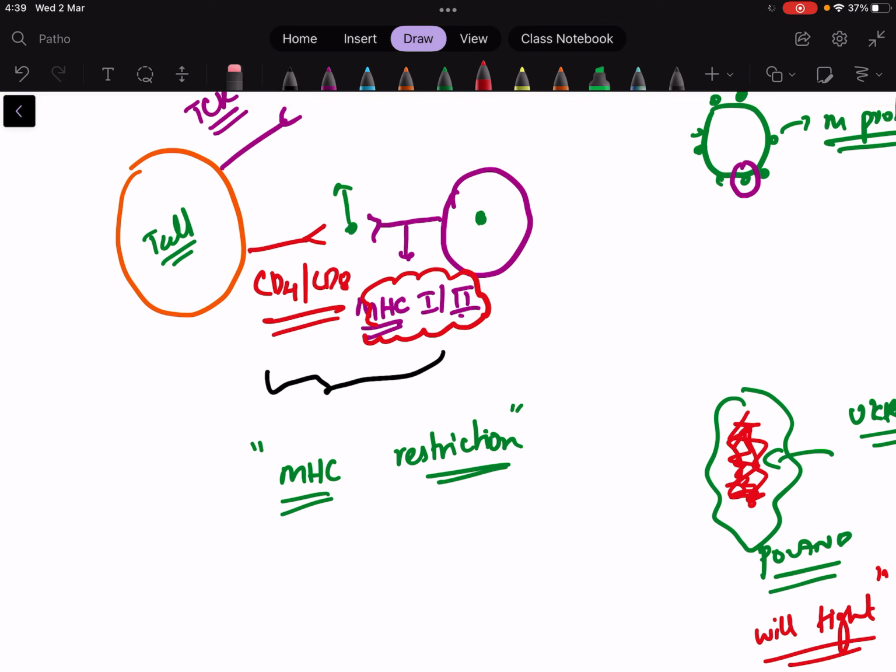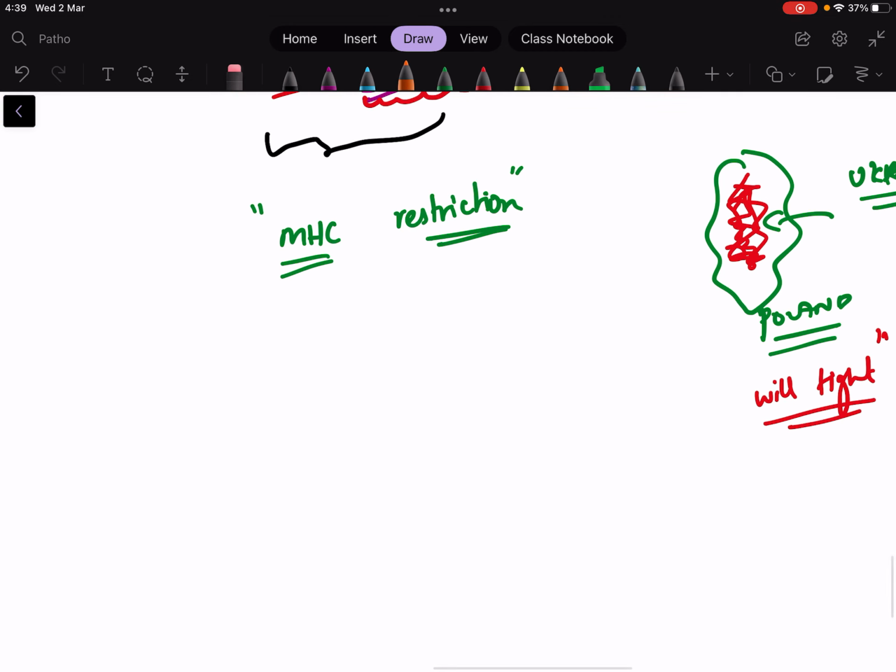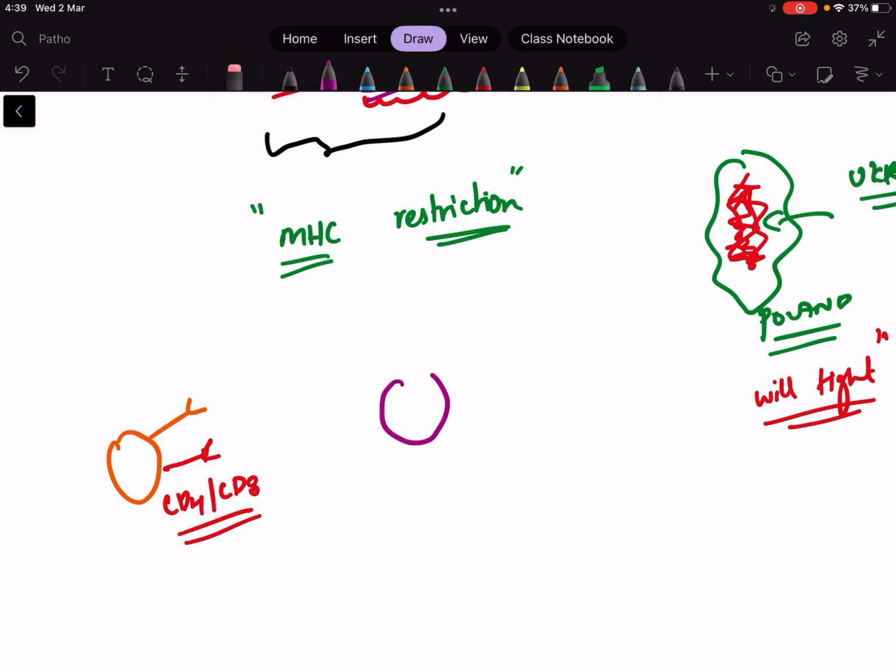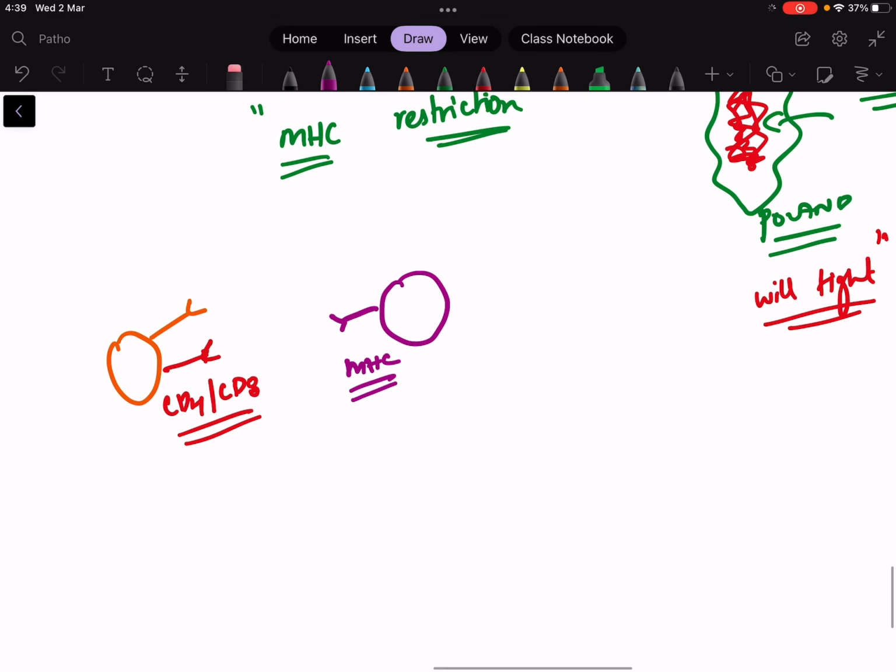can do this. So suppose this is a T cell and this is a T cell receptor, and the T cell is also having a receptor called your CD4 or CD8 positive receptor, and here is an antigen presenting cell, and this antigen presenting cell has an MHC receptor. So not everyone can react with the T cell.